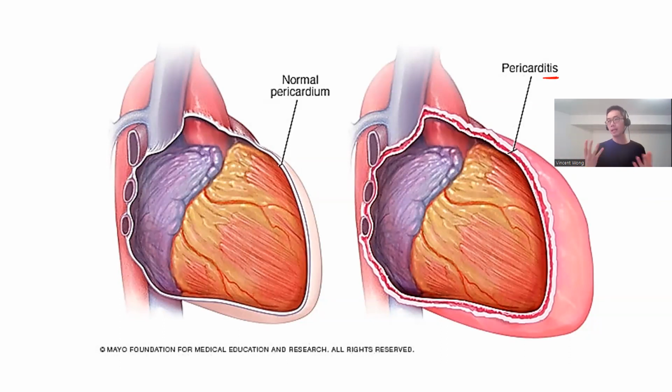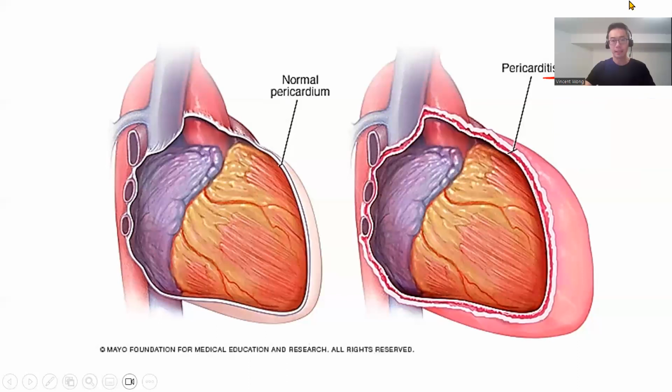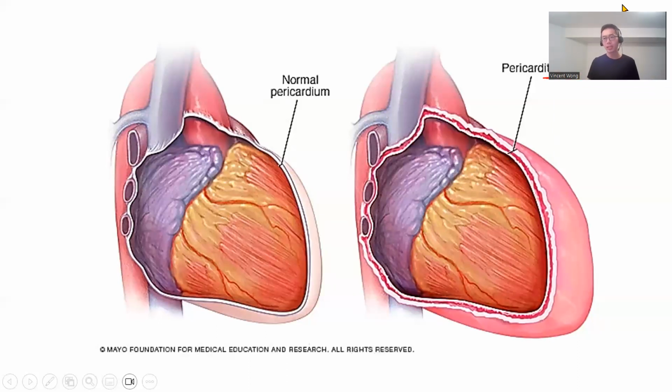Every time the heart beats, it hurts. They call it stabbing pain, right? Depending on what's causing the problem, if it's bacterial, then you have to go on antibiotics. Viruses can cause pericarditis too, but of course, if it's a viral infection, antibiotics are not going to do anything.